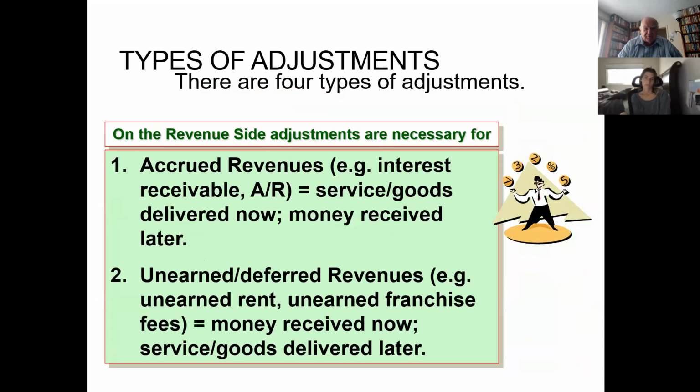On the revenue side, adjustments are needed for accrued revenues. Accrued revenues, interest receivable. We loan somebody $12,000 at 10%. That is $1,200 per year interest.